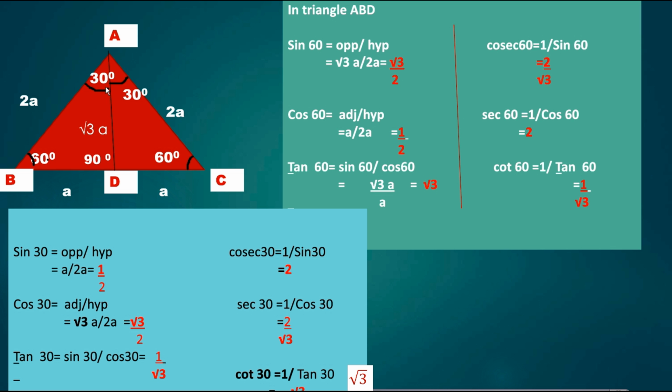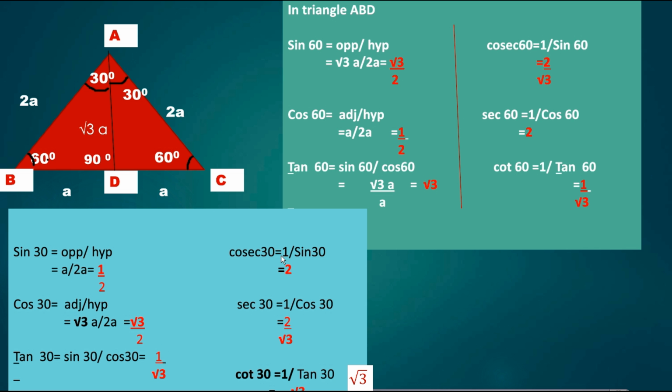Cos 30, adjacent side of 30, root 3A by 2A equal to root 3 by 2. Tan 30 is sin 30 by cos 30, 1 by 2 by root 3 by 2, or tan 30 is opposite by adjacent side. Opposite side is A, adjacent side root 3A. A by root 3A, 1 by root 3.